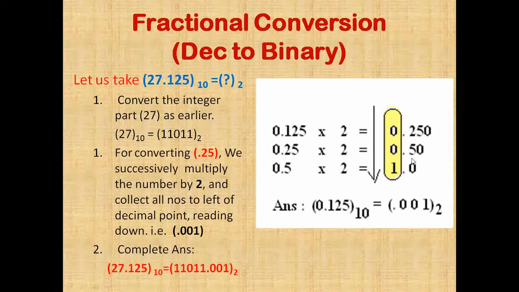This process has to be repeated till we get 0 in the fractional part. In the third step we got 0 in the fractional part, so we will stop the process here. This time we will note down the digits which are before the decimal point, from top to bottom, not from bottom to top.